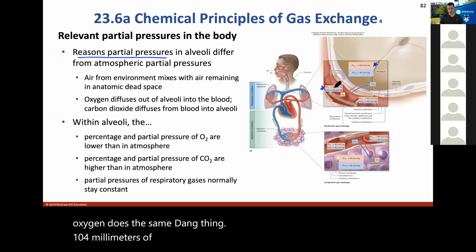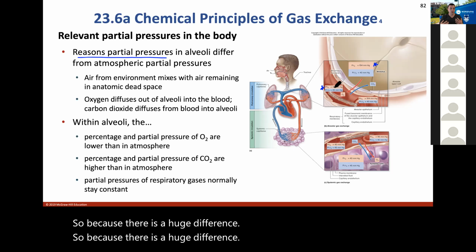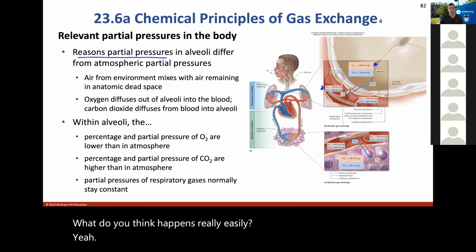This is a huge difference. So because there is a huge difference, what do you think happens really easily? Yeah, oxygen comes in really easily, right? This is a huge, steep gradient here.